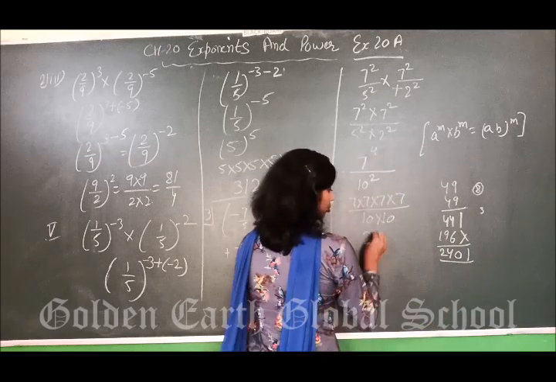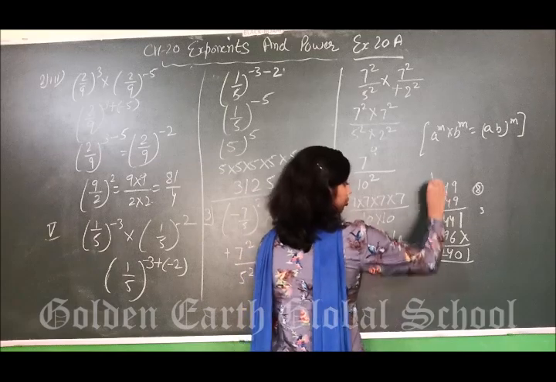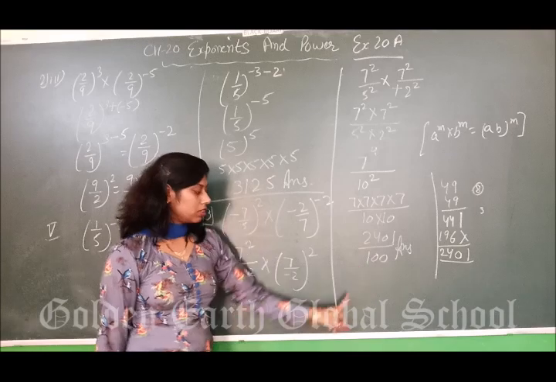So 2401 upon 100. So this is your answer. Do it in rough.